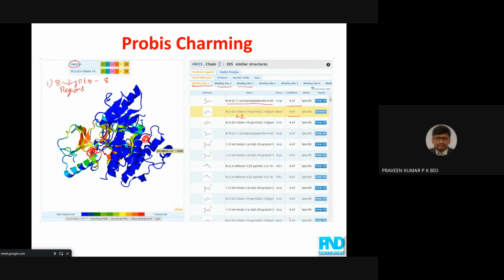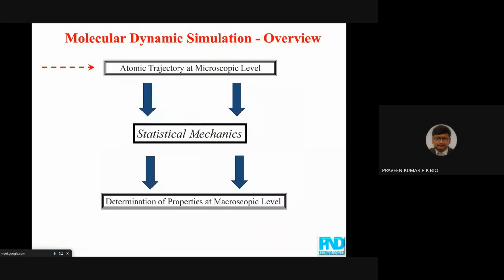If you scroll down, you can see the score is reduced. The higher the confidence, the better the binding. Almost these show a 4.47 confidence score, but if you scroll down, you get lower scores than what you got. Like this, we can find ligands for the different binding sites. This is what ProBiS CHARMing does.